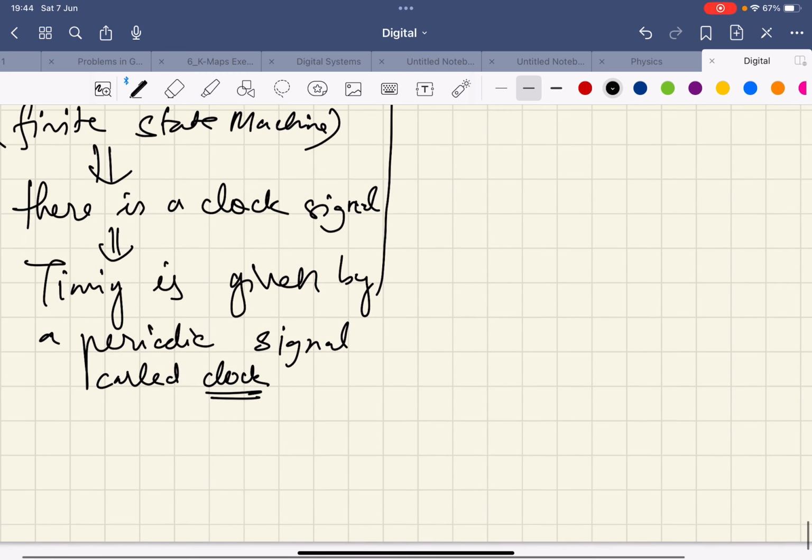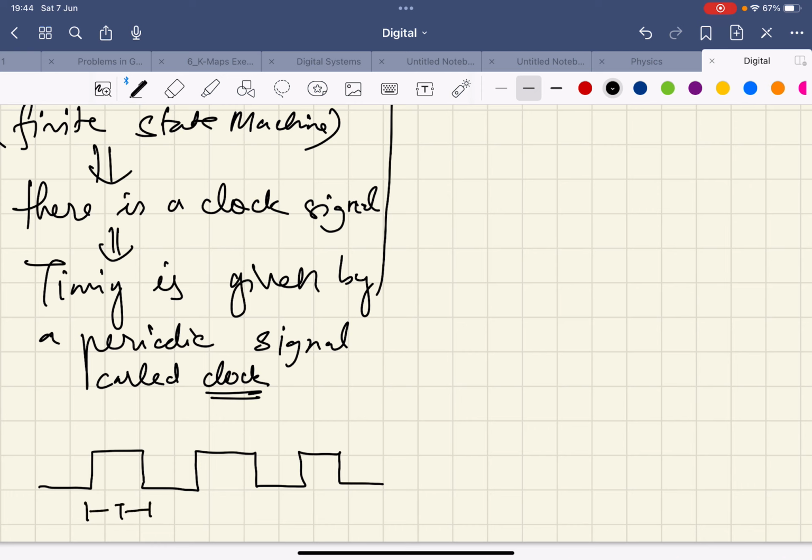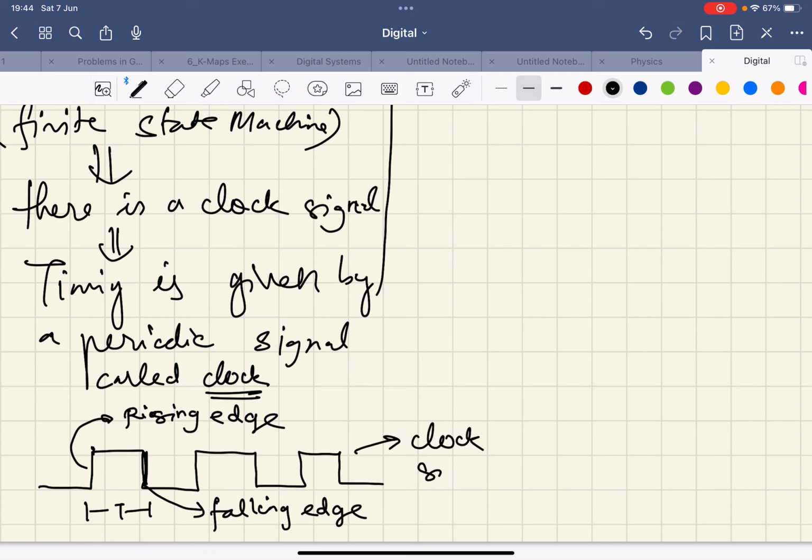How does it work? Rising, falling, rising, falling, like a period. This is the time period T. This is your rising edge, and this part is your falling edge. This is your clock signal.